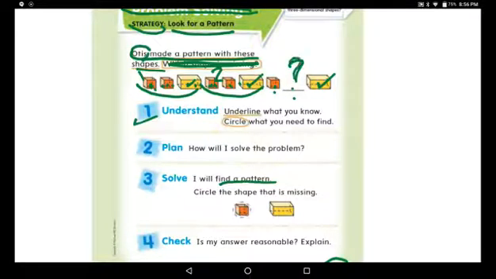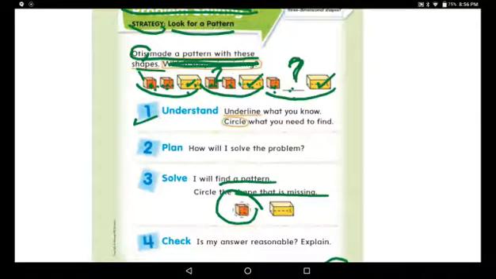Where's mommy here? I missed it. So cube, cube, rectangular prism, cube, cube, rectangular prism, cube, something missing, rectangular prism. If you want to repeat the same order, I'm missing something here. Circle the shape that is missing. So what do I miss? It's a cube. Very good.